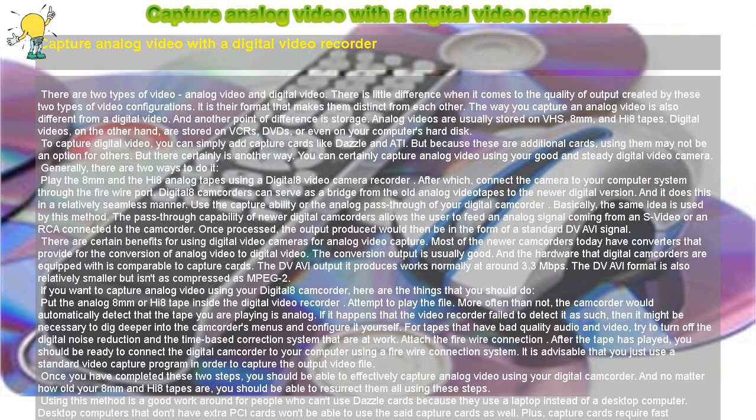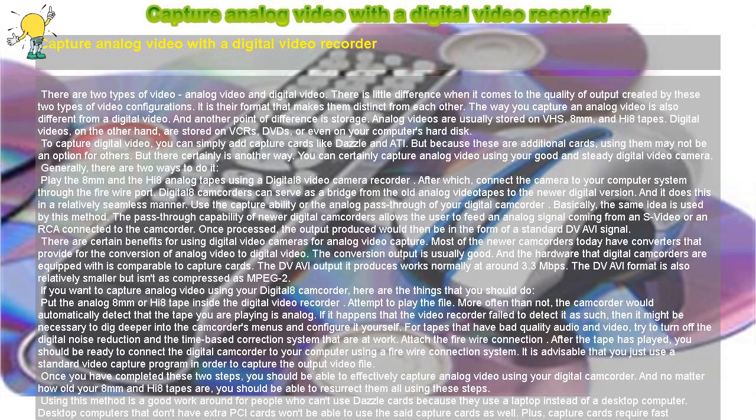If you want to capture analog video using your digital 8 camcorder, here are the things that you should do. Put the analog 8mm or high-8 tape inside the digital video recorder. Attempt to play the file.